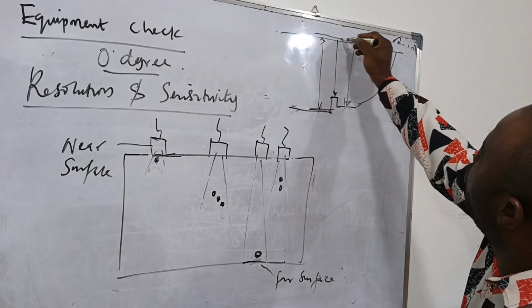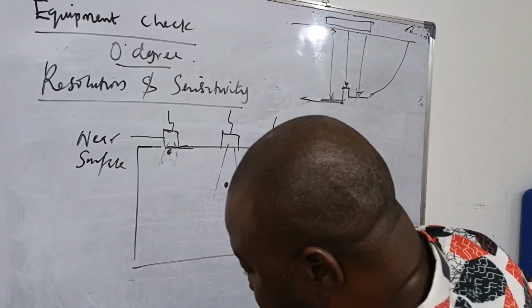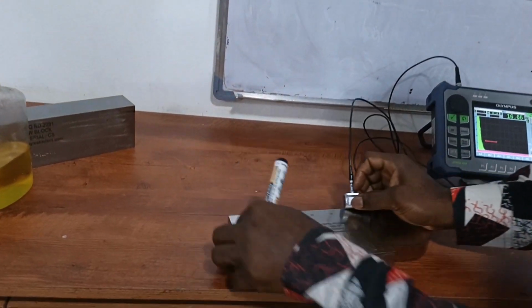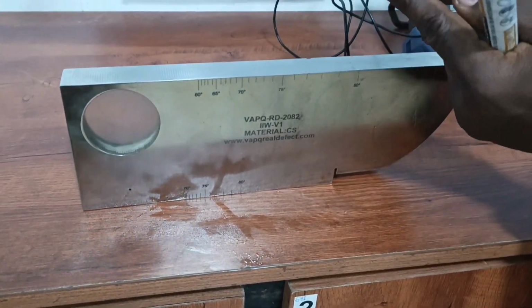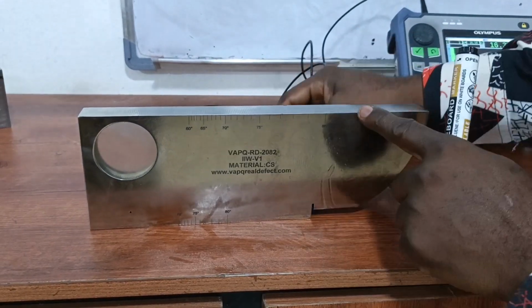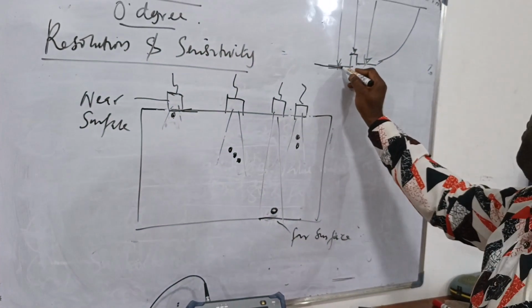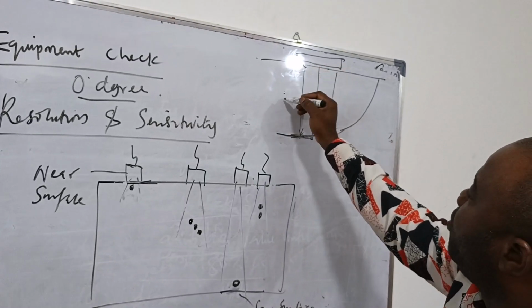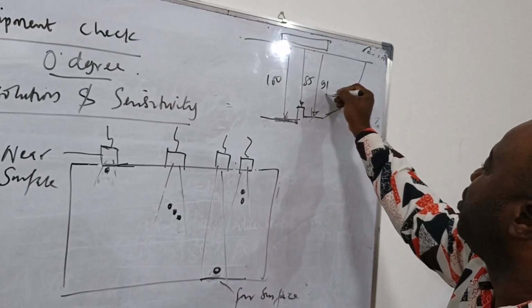I purposely spread it out, but if you look at the way they are here, they are quite close when looking at them with the probe. The circumference of the probe is able to capture these three areas. The distances are 100, 85 and 91.